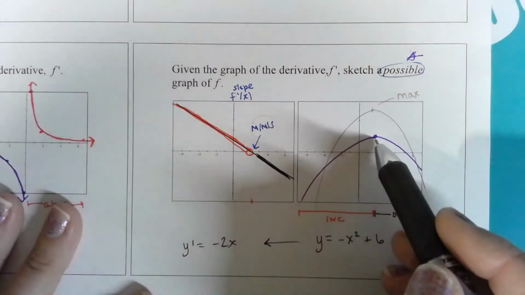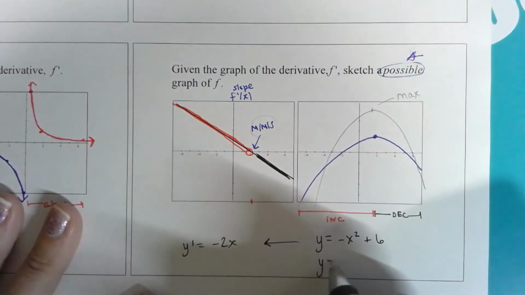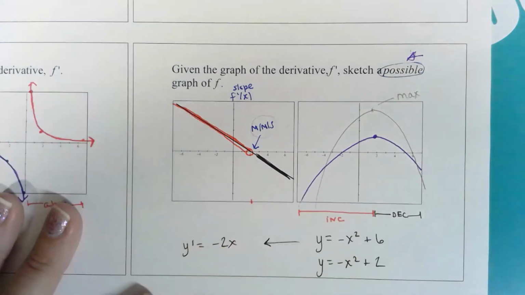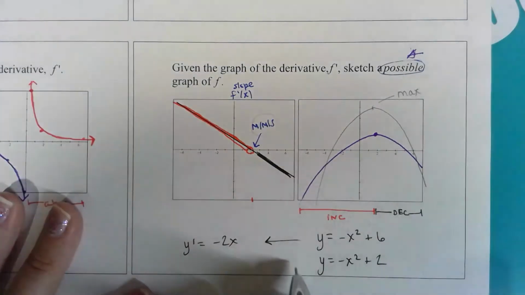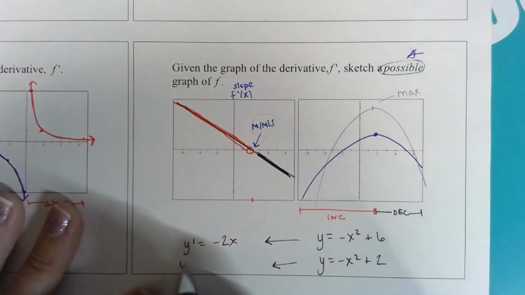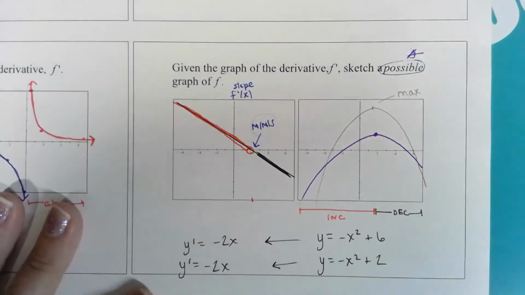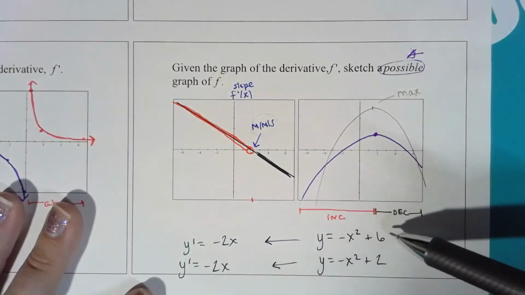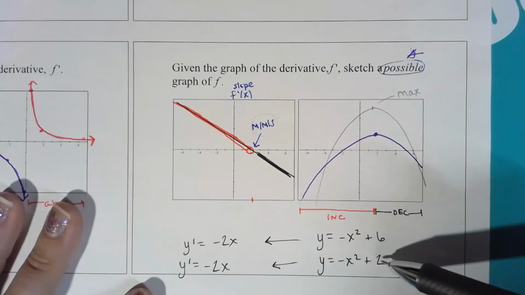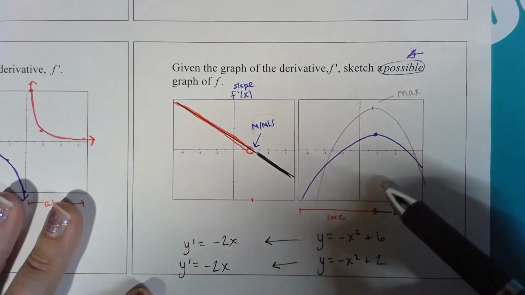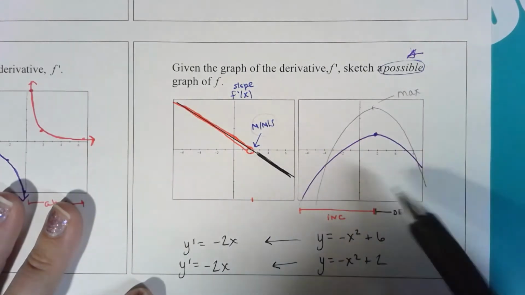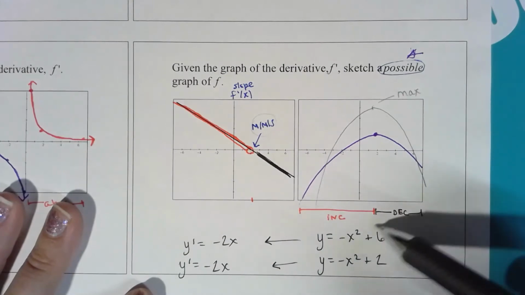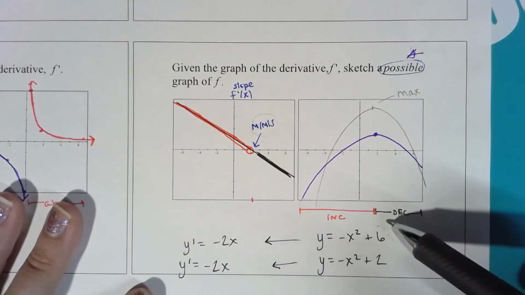Well, maybe yours was more like y equals negative x squared plus 2. Well, what's its derivative? y prime equals negative 2x, right? Whether our vertex is at a 6 or at a 2, or maybe our vertex is even down here at negative 5, it doesn't matter, because when you take the derivative of a constant, it goes away.